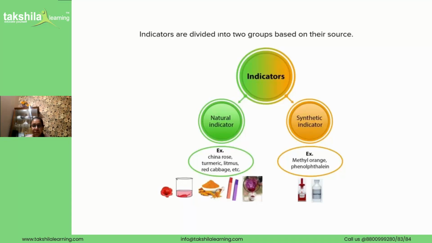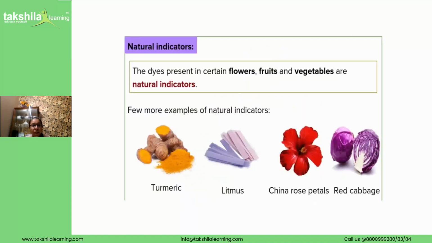Then we will read about some examples and also some colors which are present in natural indicators. As we know, the dyes present in certain flowers, fruits and vegetables are natural indicators. Let's see the examples. As I told you, turmeric.